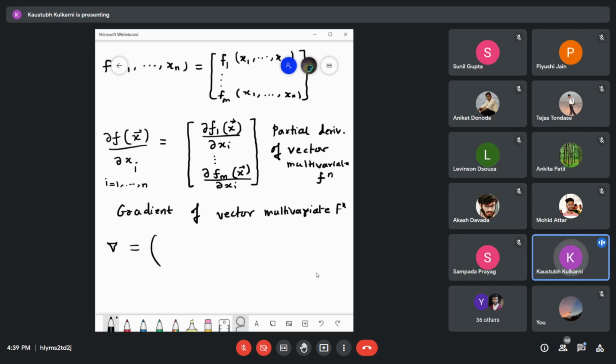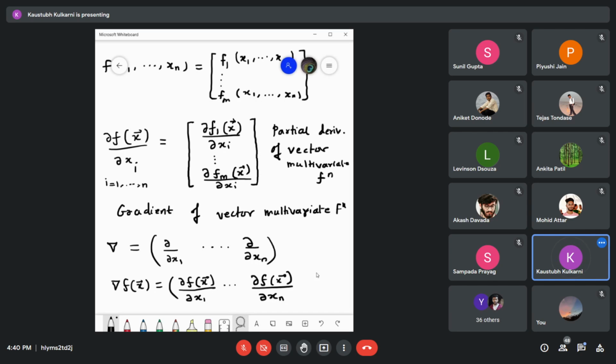So if we have n variables, like in this case, our gradient operator will be defined as dou by dou x1 up to dou by dou xn, and when we apply it to f, it will be nothing but dou f(x vector) by dou x1 up to dou f(x vector) by dou xn.